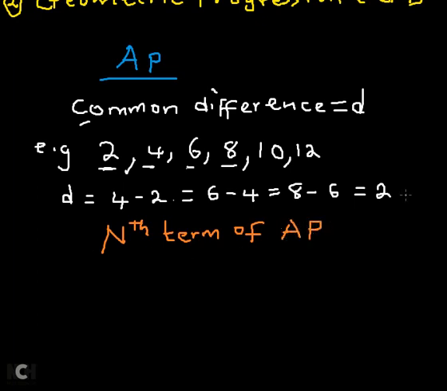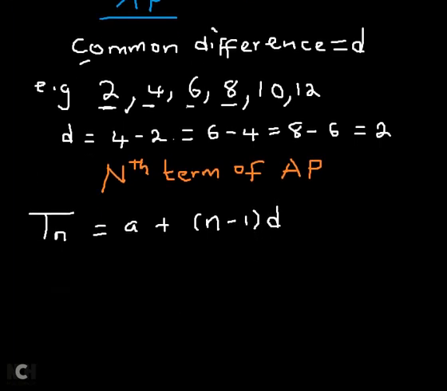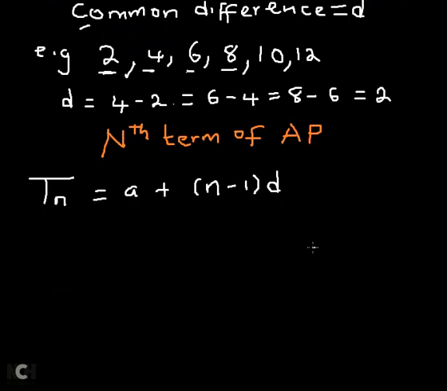It is this formula that will enable us to find any term directly, without going through this ambiguous process of adding the common difference to the previous term. So the formula goes this way: the nth term of an AP, Tn, is equal to A plus (n minus 1), then multiply by D. This can enable me to find any term.